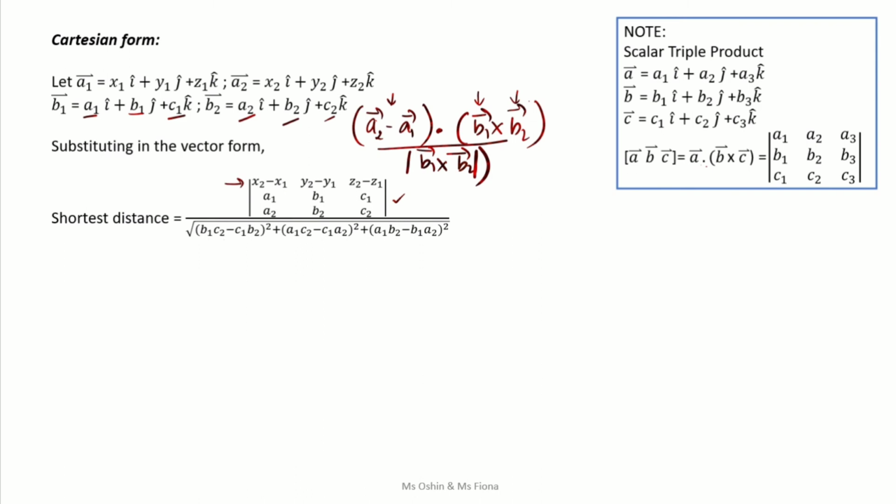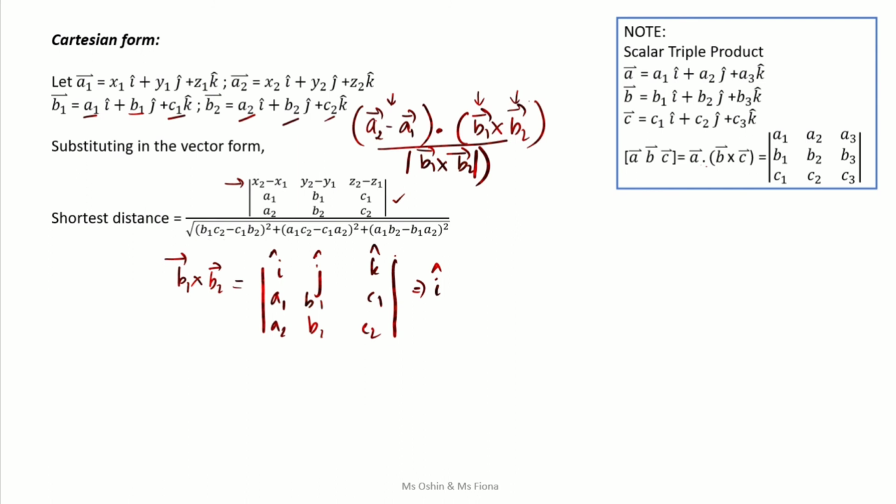In the denominator, we have to find the magnitude of B1 vector cross B2 vector. B1 vector cross B2 vector is nothing but the determinant of i, j, k, with a1, b1, c1 as the components of vector B1 and a2, b2 and c2 as the components of vector B2.